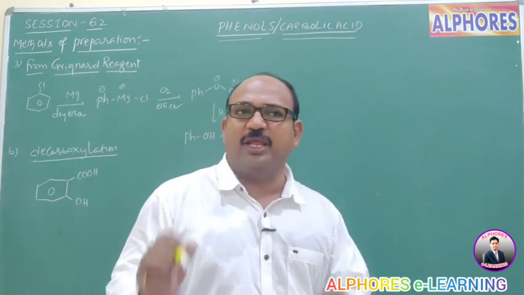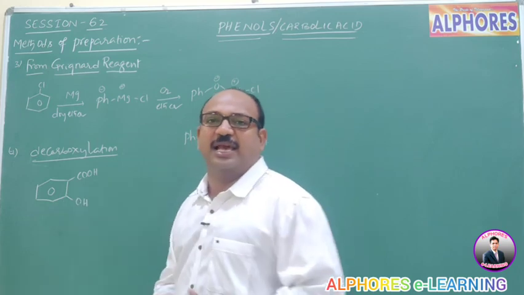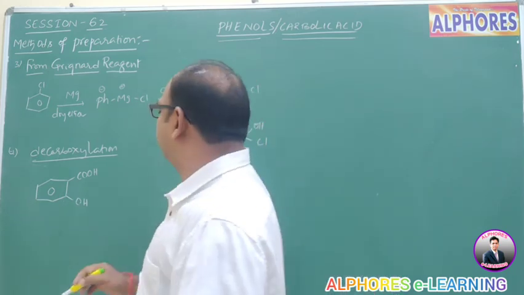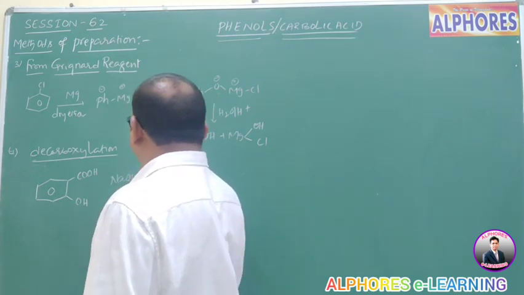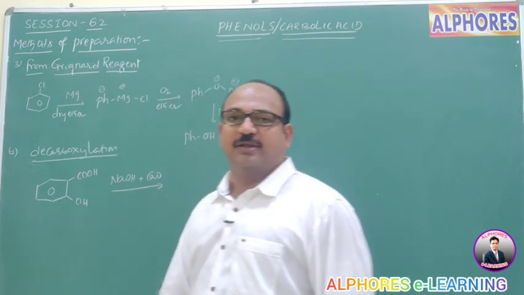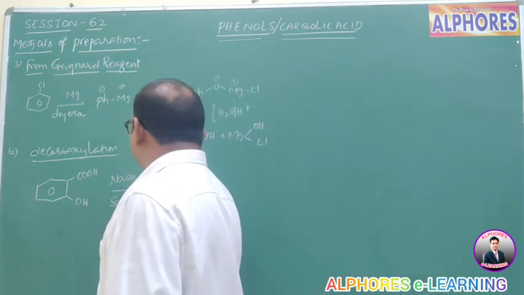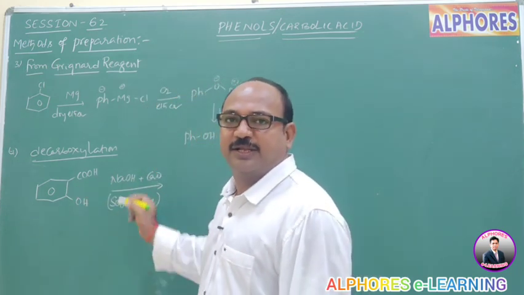But here I am going to consider salicylic acid. The salicylic acid upon decarboxylation, as we know, the decarboxylating agent is sodium hydroxide and calcium oxide, NaOH and CaO. This is what we call soda lime.